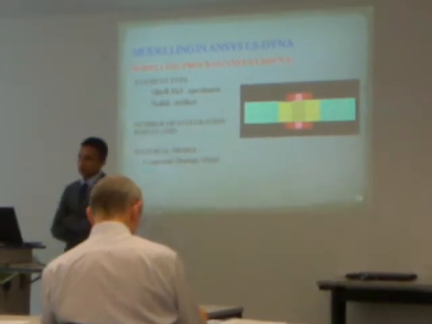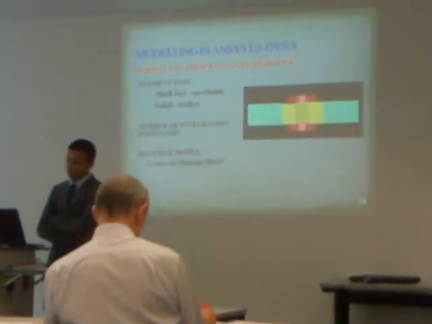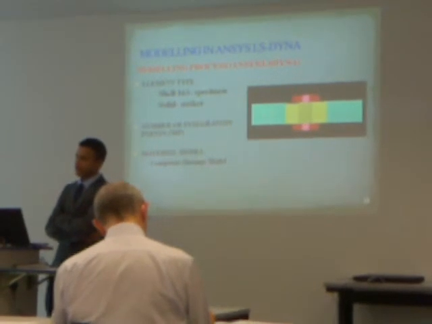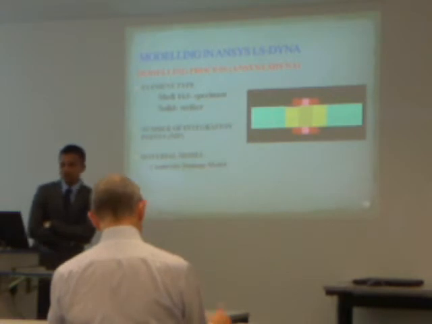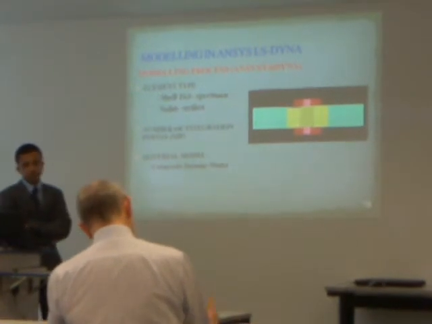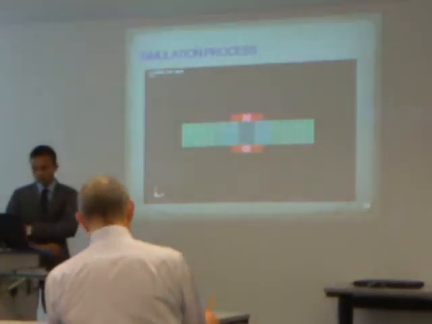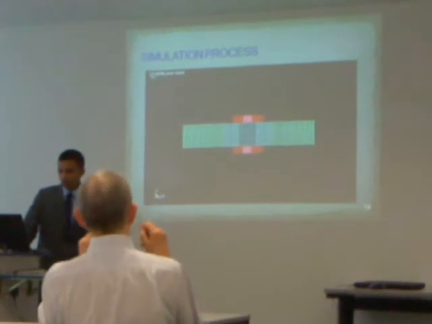If it is elastic deformation, the number of integration points in ANSYS should be taken as 2. And for the material model, I have taken the composite damage model. And this is the simulation.